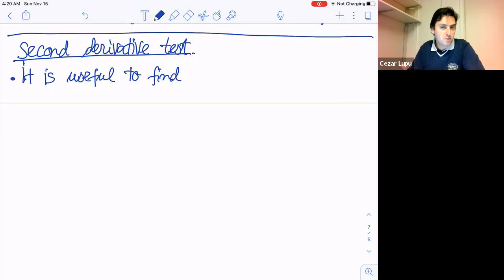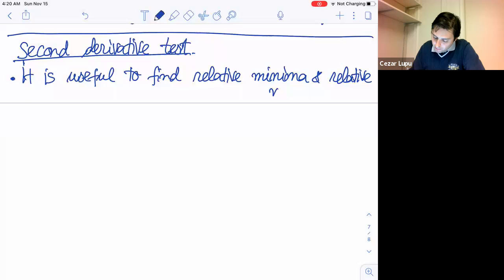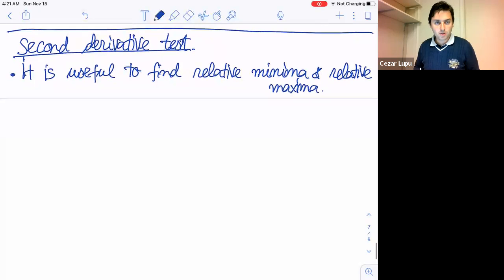You either use the first derivative test, or you can use the second derivative test. This is why it is useful, but you will see that it will involve the second derivative.